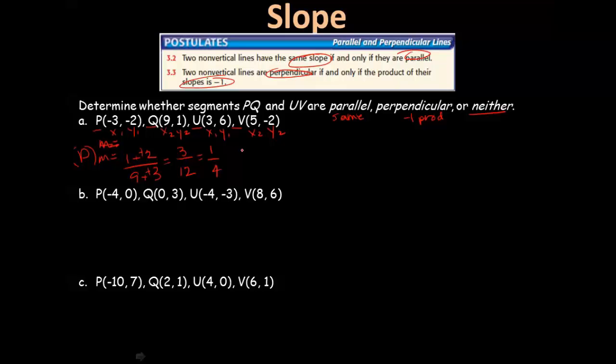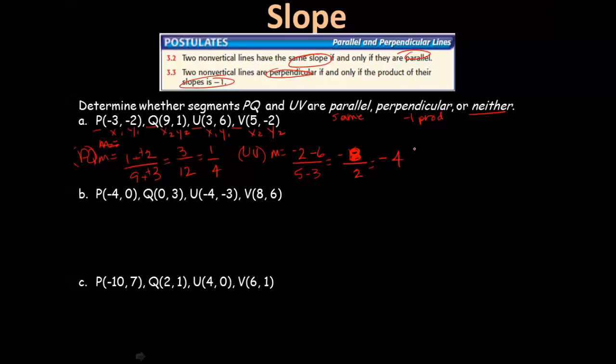And now I'm going to do, oh, that was for PQ. Now I'm going to do UV. That's going to be -2 minus 6 over 5 minus 3. So that's going to give me a -8 over 2, which gives me a -4.